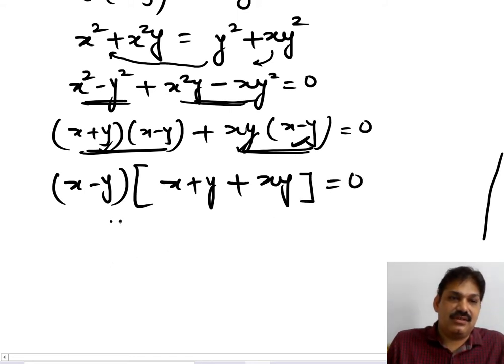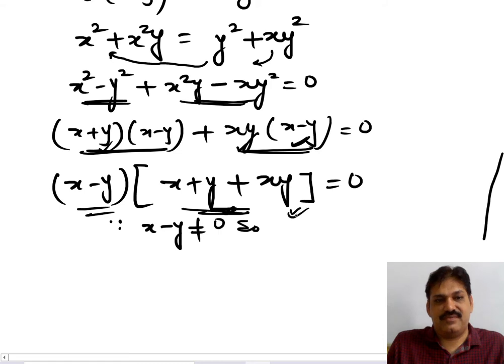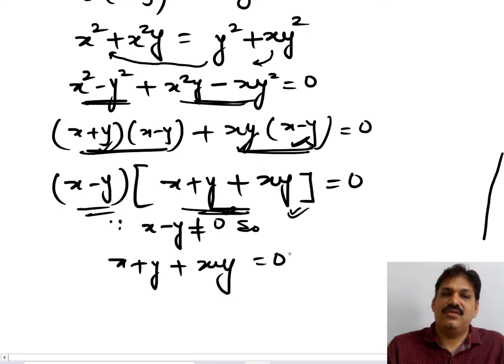Now, since x minus y is not equal to 0 and the product of these two factors is 0, that means this factor must be 0. It is given in the question that x minus y is not equal to 0, that is x is not equal to y. So this factor must be 0, that is x plus y plus xy is equal to 0.